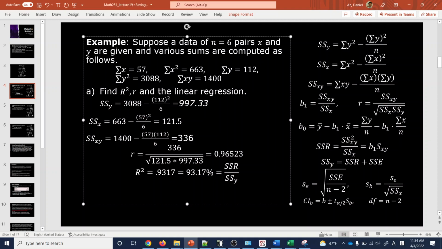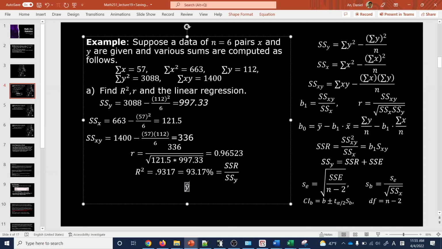Okay. So now what do we do? We now have to find B1, right? I promise I'm going to explain what B0 and B1 mean. So, the linear regression equation. I've been talking about linear regression as A plus BX, right?